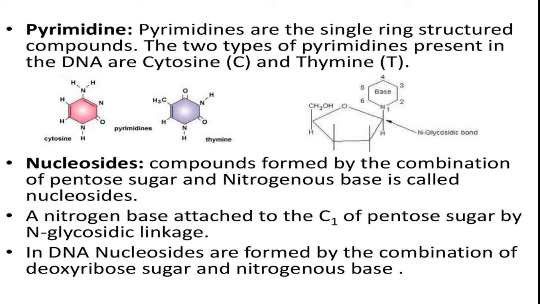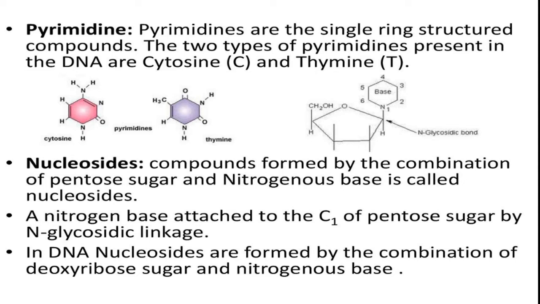This structure we call a nucleoside. The nitrogenous base is attached to the first carbon of the sugar, and this bond we call an N-glycosidic linkage. Because this bond is able to rotate, there is stereochemistry behind it. We'll study that in later classes.